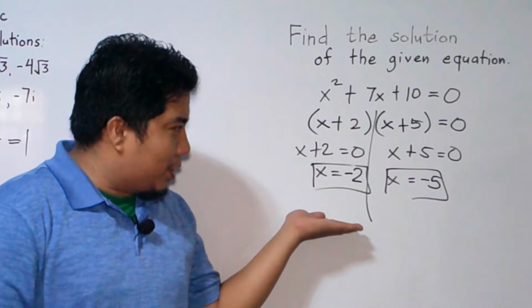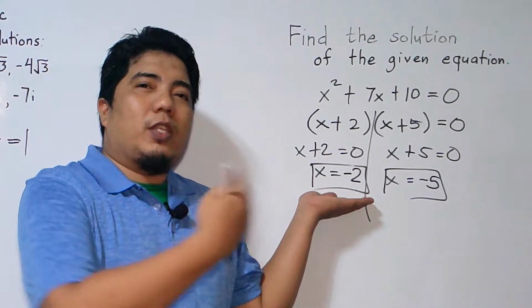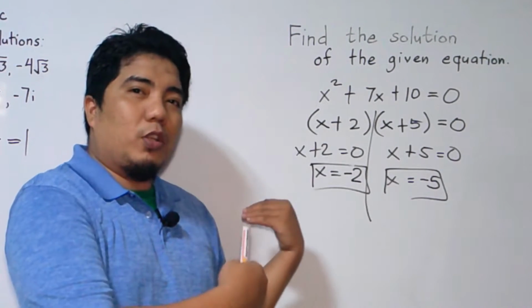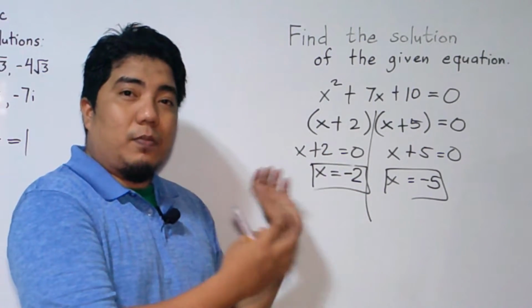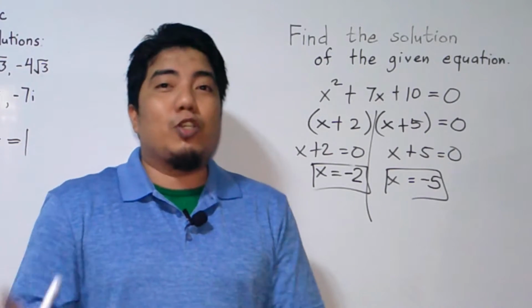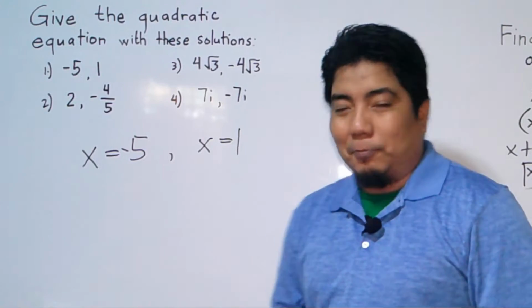If you study the step-by-step process, we started with the isolation of the x, and then we turn it back to its certain factor, and then we combine the factors, we use the FOIL method, and then we get the given equation. Okay, so let's try to apply it here.